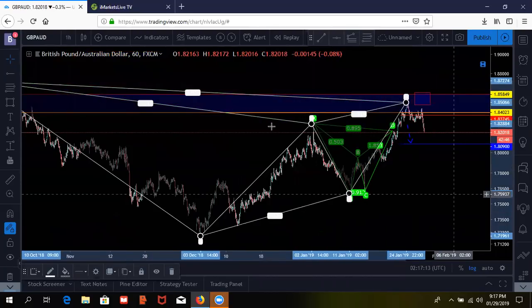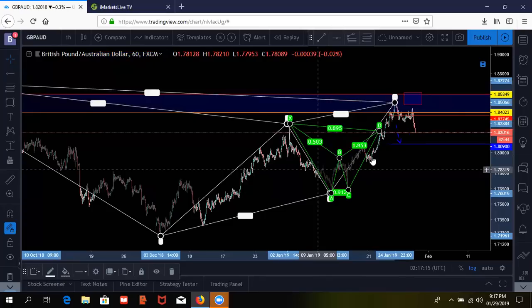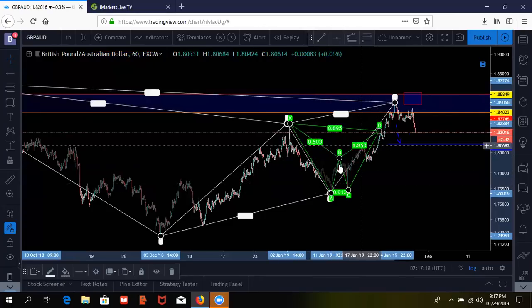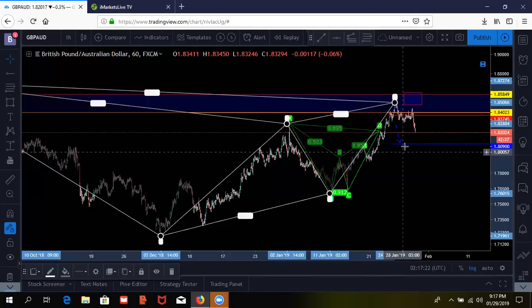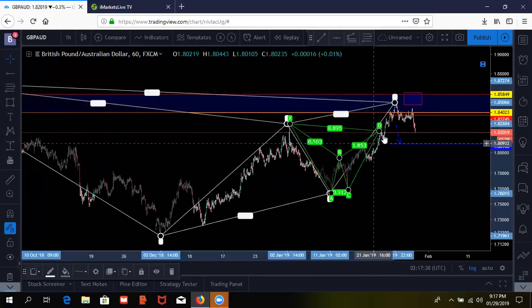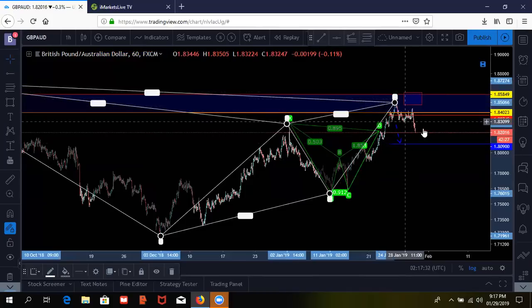But I saw this bat pattern right here forming in green, and I felt like I could go ahead and enter this trade for a sell and at least get target one to hit before price actually pushes up from here into this zone where I actually wanted to enter for another opportunity.